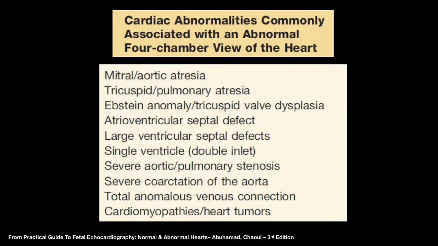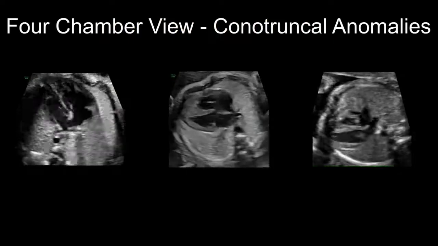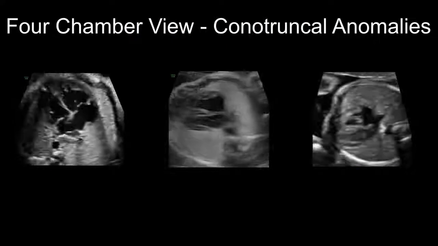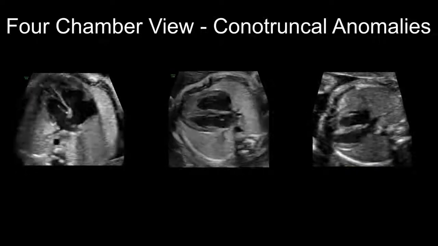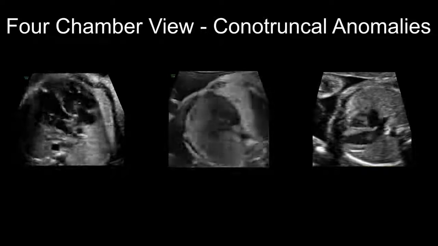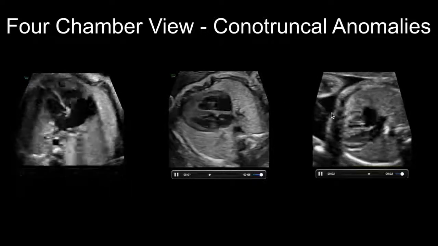Also remember that there are a lot of abnormalities that we'll be discussing primarily today that are associated with an abnormal 4-chamber view. However, there's a long list also that may have either a normal 4-chamber view or what appears to be a normal 4-chamber view. Here are 3 cases that I will show you tomorrow when I talk about tetralogy and others that have a perfectly normal 4-chamber view. 2 of them are associated with tetralogy of Fallot, and this one with transposition of the great arteries.